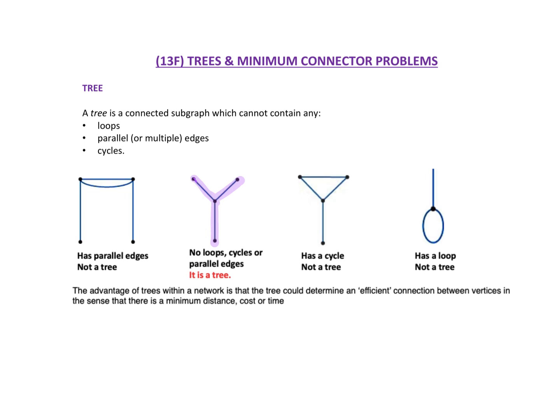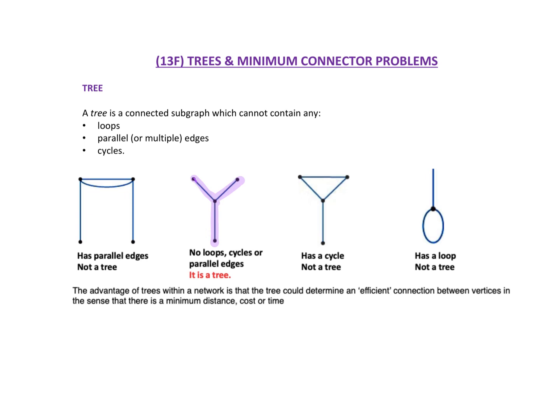The advantage of a tree within a network is that a tree could determine an efficient connection between all the vertices. Think about a communication system going out into the house, where they just want a point reaching out to each part. You don't want it looping twice, or the wiring going out twice.